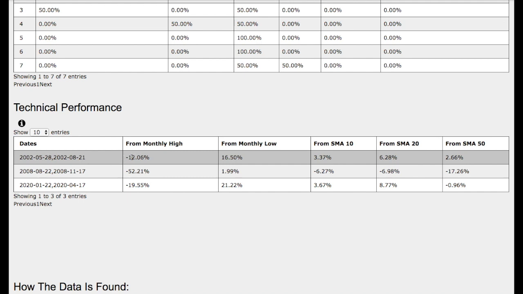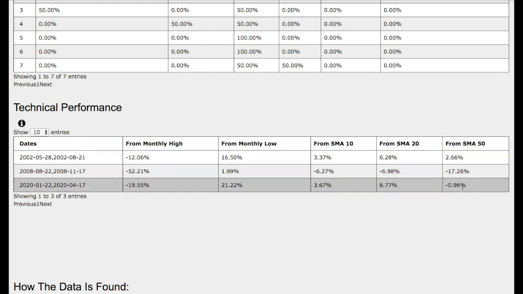It was down 12% from monthly high, up 17% from monthly low, up 3% from the 10 simple moving average, up 6% from the 20 simple moving average, and up 2.6% from the 50 simple moving average. The only difference we see here is the 50-day simple moving average. The trend in question was up 2.6%, compared with down 1% from the 50 simple moving average.